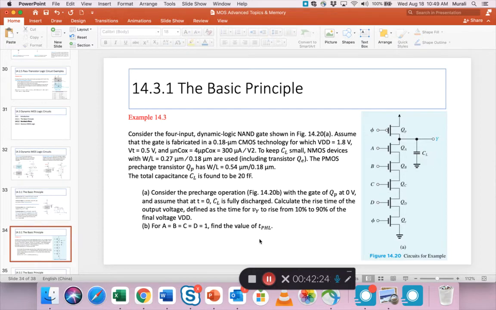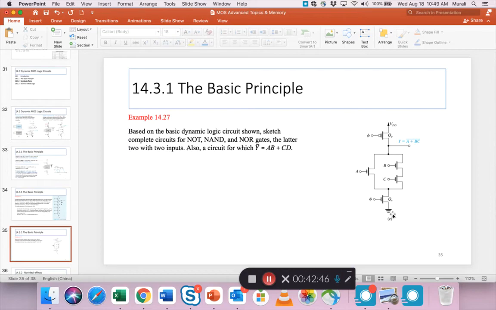Okay. So with that description, I hope you'll be able to understand the logic. I think you'll understand a lot about how this dynamic logic gate works, all the switching between triode and saturation, when QP operates, when QE operates. So hopefully it's a good learning exercise.